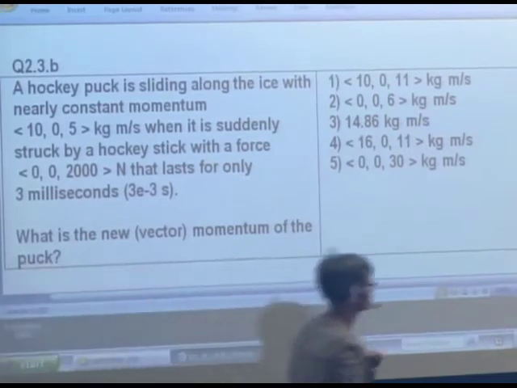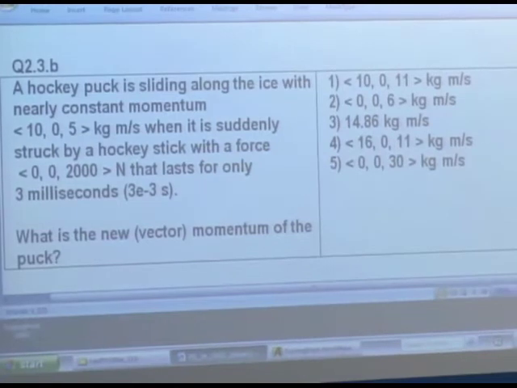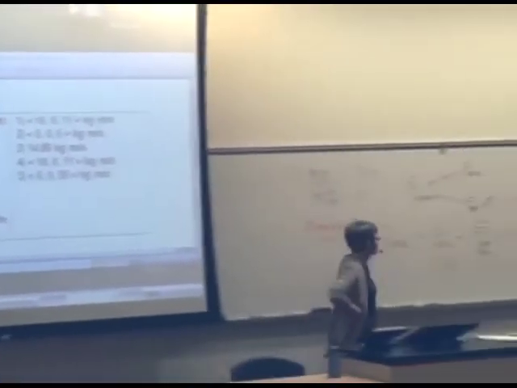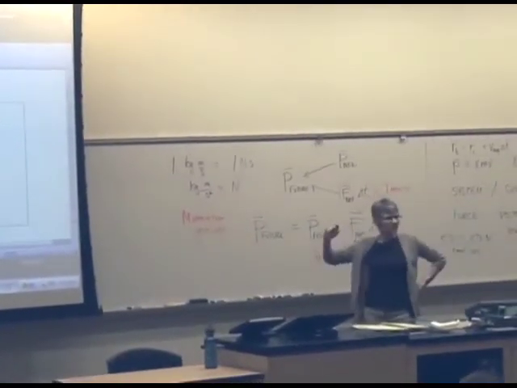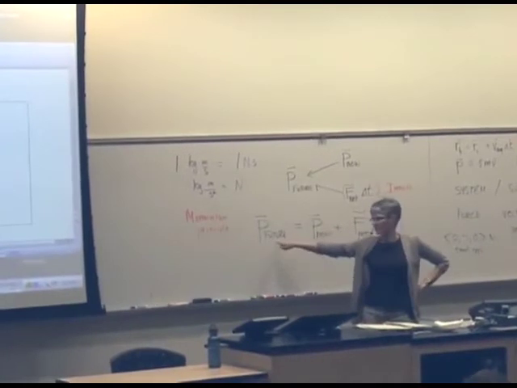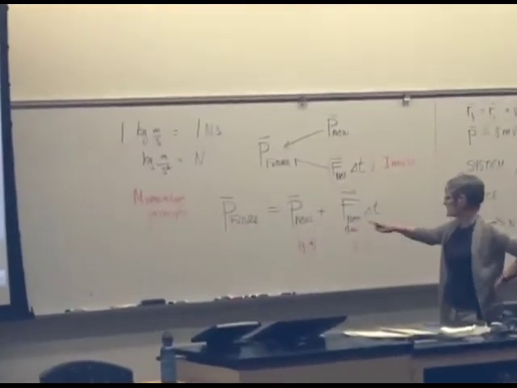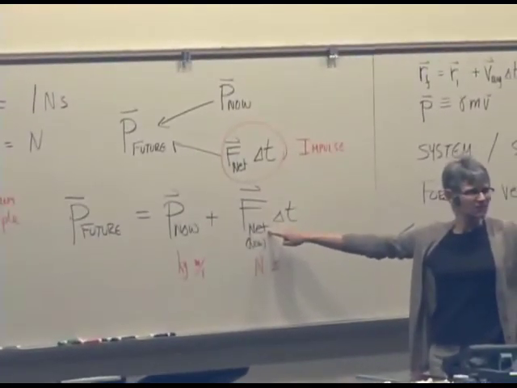So what we're going to do is use this equation to calculate the new momentum of the hockey puck. Which of these quantities in this equation is the unknown? Future momentum. We know the momentum now. We know the net force. Do we know the net force?